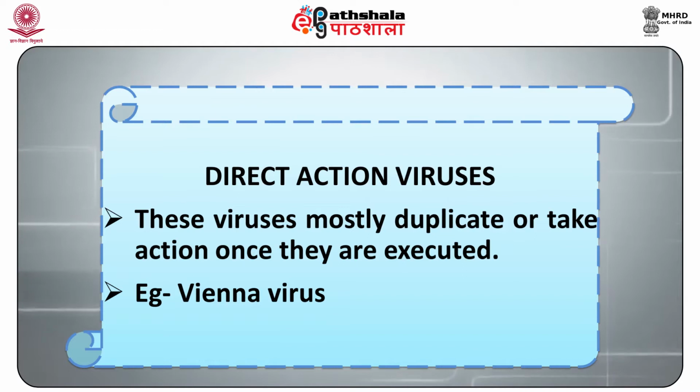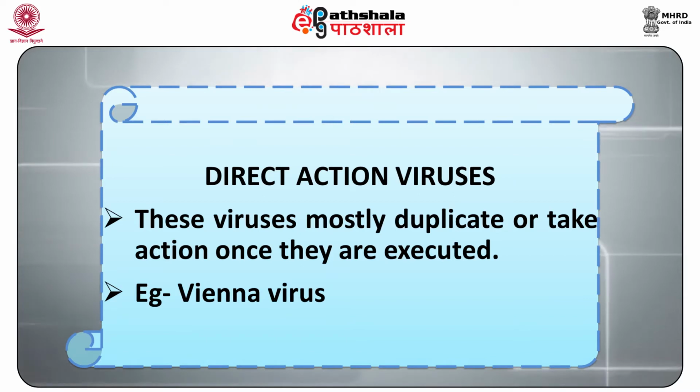Direct action viruses. A direct action virus is a virus that attacks or starts to work immediately. This can include non-violent and less often violent activities which target persons, groups, or property deemed offensive to the direct action participants. These viruses mostly duplicate or take actions once they are executed.